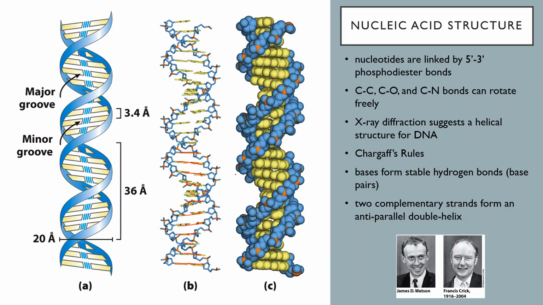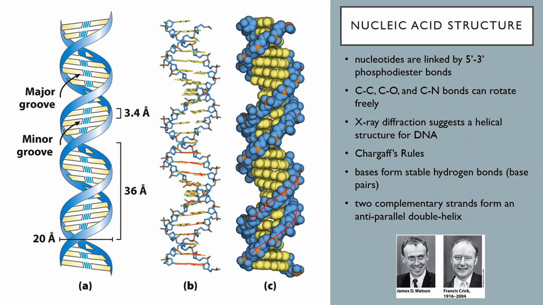Importantly, like I said, the bases are not part of the phosphodiester linkage. So the phosphodiester linkages are always on the outside. So this is the phosphodiester linkage going around the outside of each strand. The bases, therefore, are always on the inside, base pairing with each other.